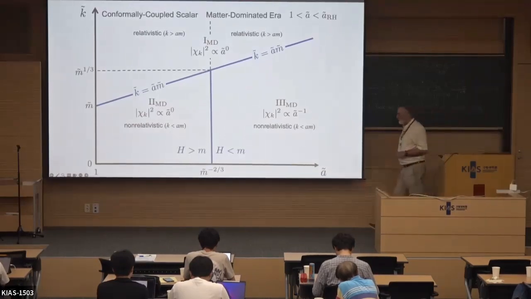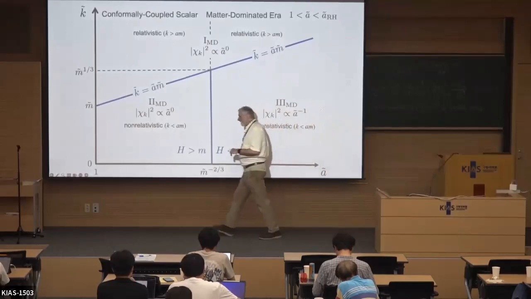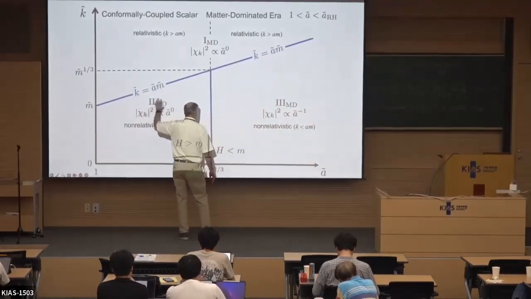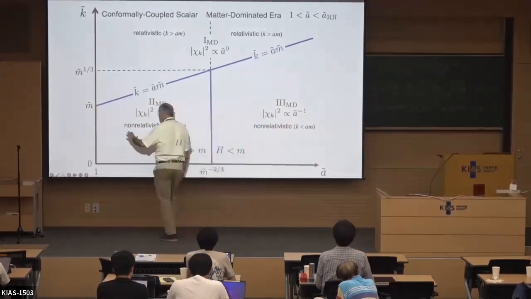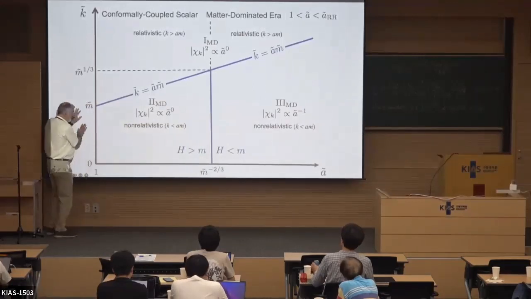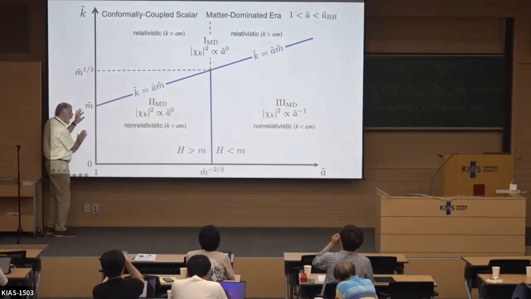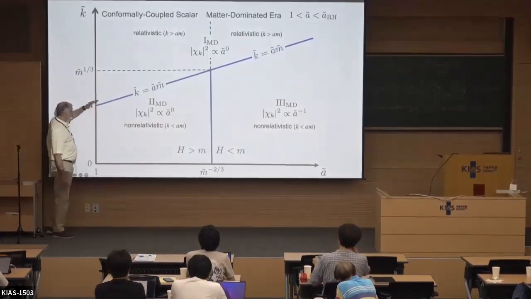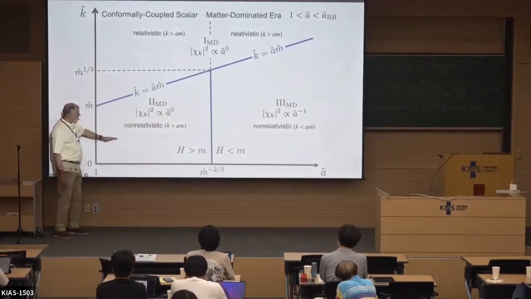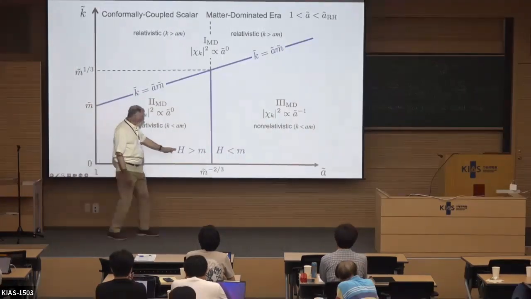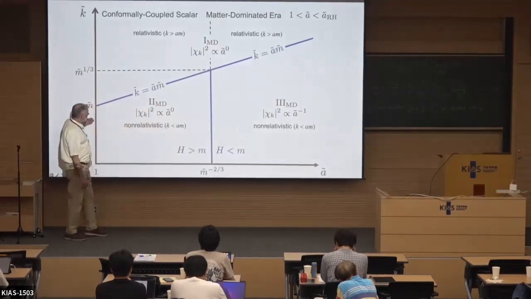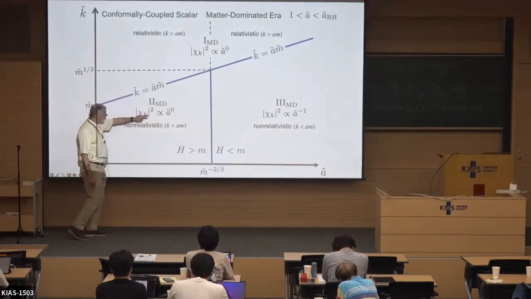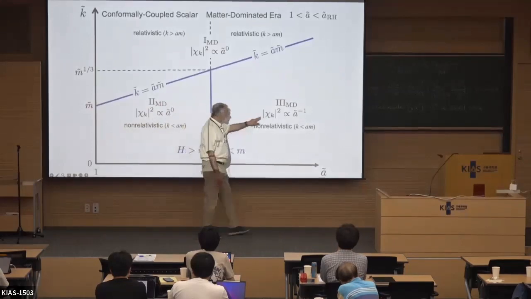Okay, so yesterday I discussed the calculation of chi k squared as a function of a, starting with the results that we have during the quasi-de Sitter phase, and then depending upon the value of k, whether it's relativistic or non-relativistic, and whether the expansion rate is larger or smaller than the mass, we could find solutions to the wave equation in these various regions and calculate how chi changes with a.